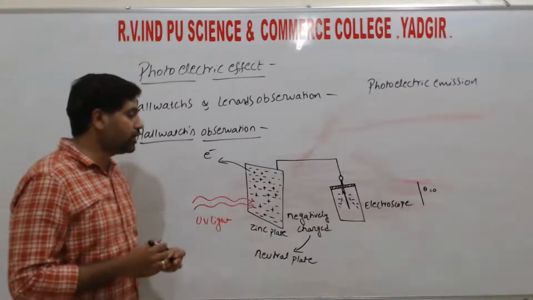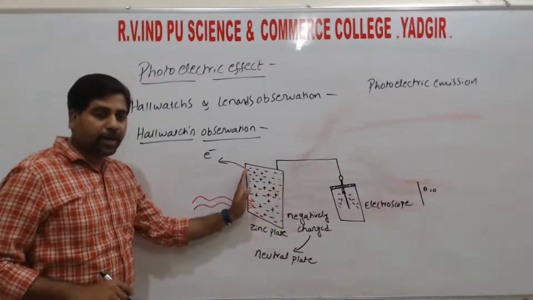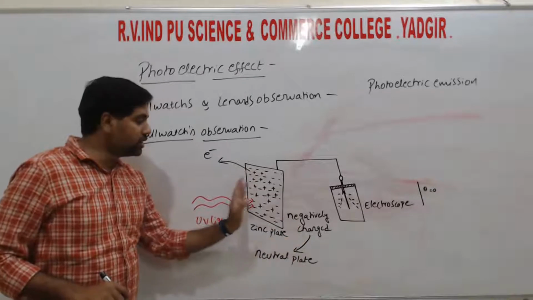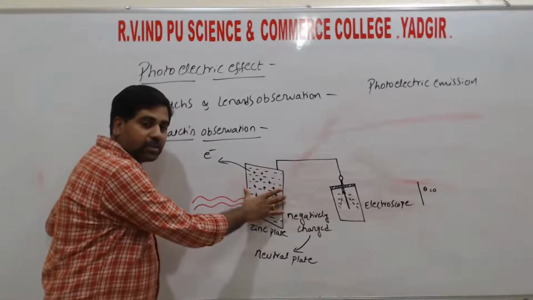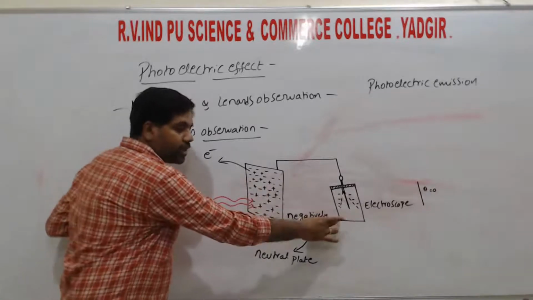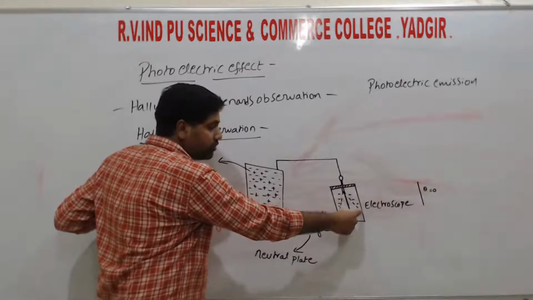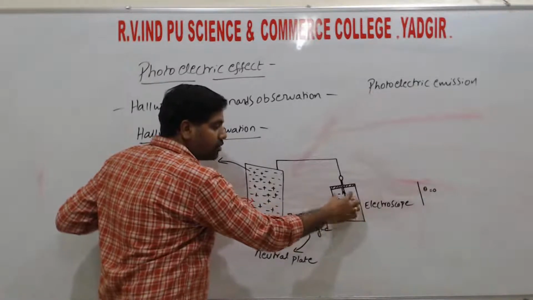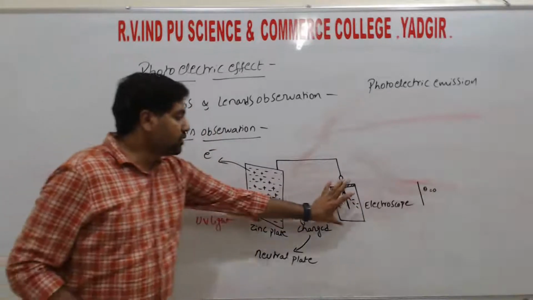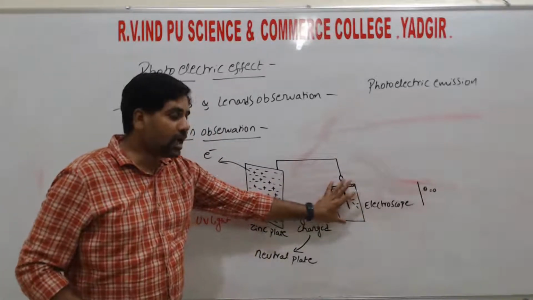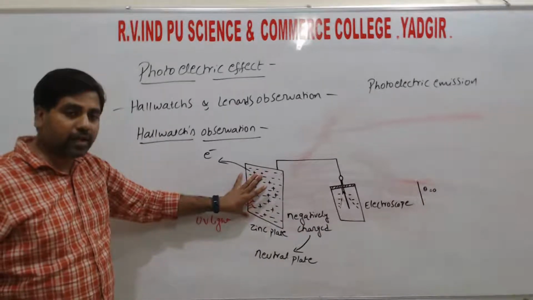So understand this one. Initially he considered one zinc plate, a negatively charged zinc plate. Next, this negatively charged zinc plate is connected to an electroscope. In the electroscope we have two gold leaves, and on those gold leaves we have the negatively charged electrons. This indicates the charge on the zinc plate.